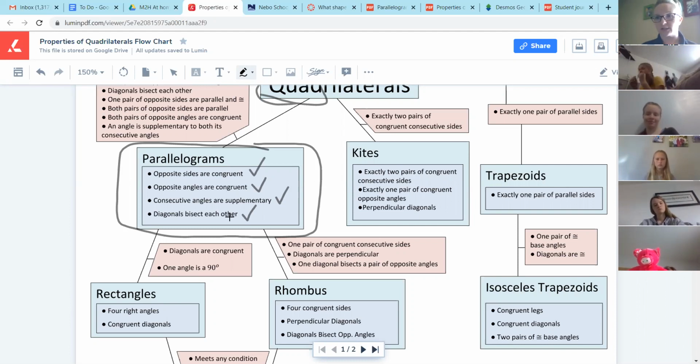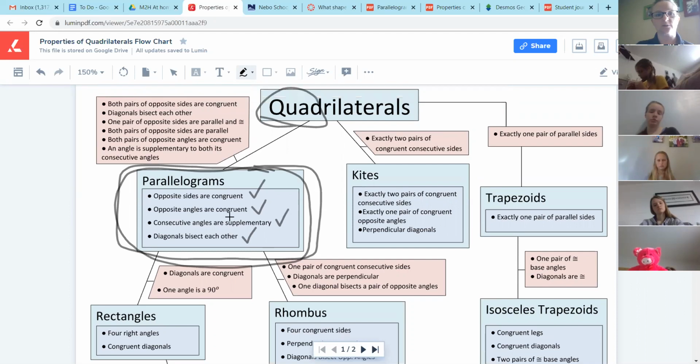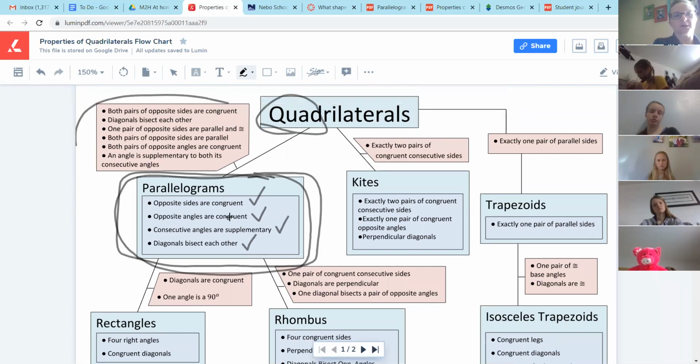So there are shortcuts. These are the things that are always going to be true, but you don't have to know all of the things in the blue rectangle in order to determine that something is a parallelogram. You can use just something in this pink box right here.